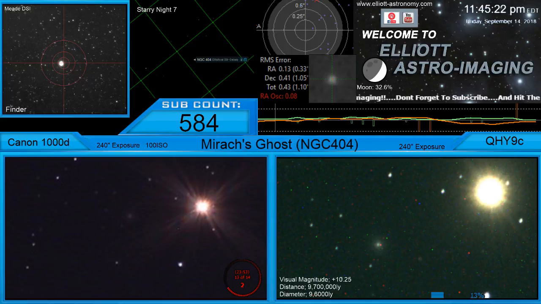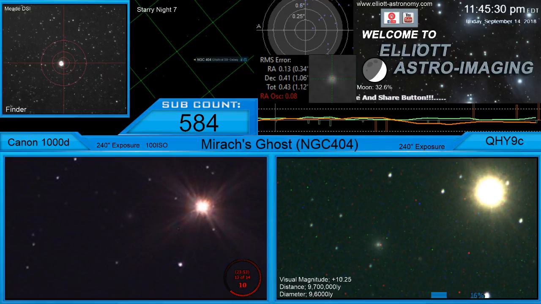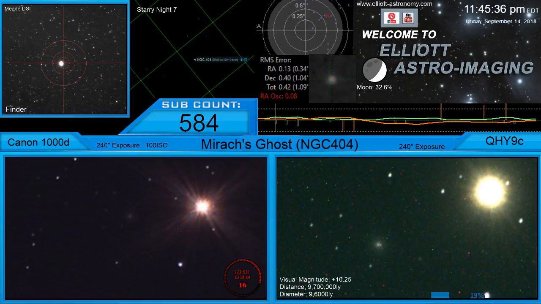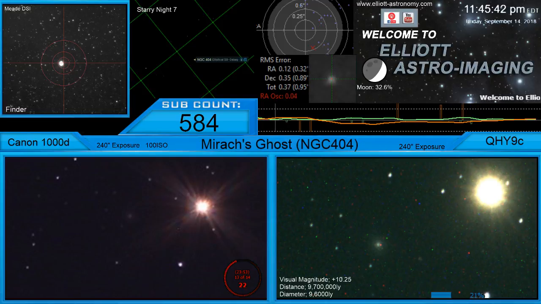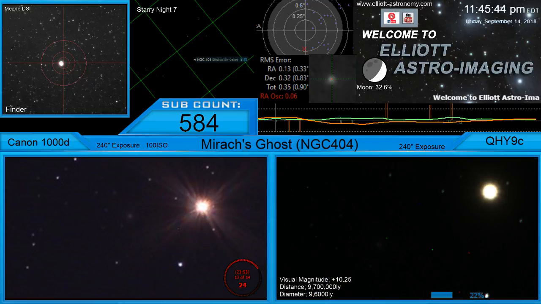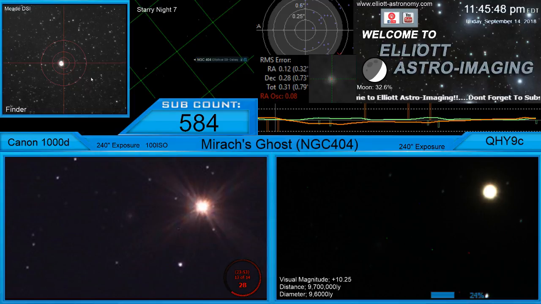How are the images doing? I haven't really been looking. They're not terrible. Guiding is meh. It's not exactly great, but not terrible. And if I bring this down, you can actually see the actual stars. You can actually see Mirach.